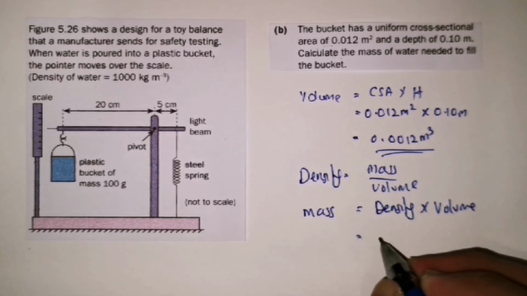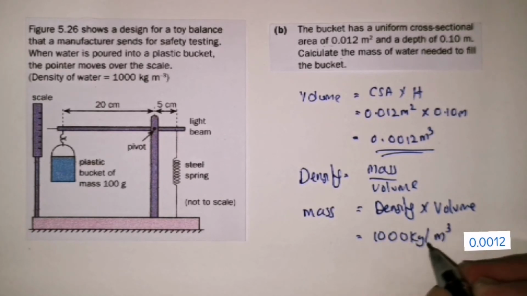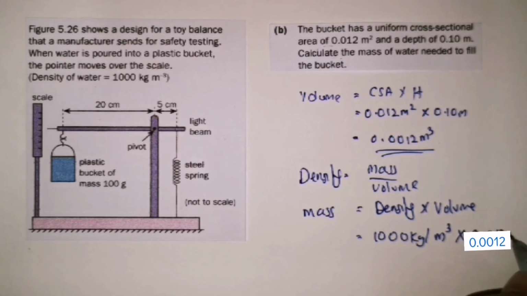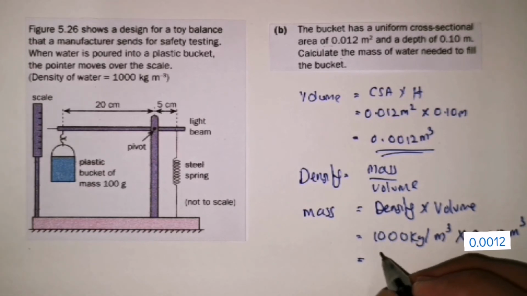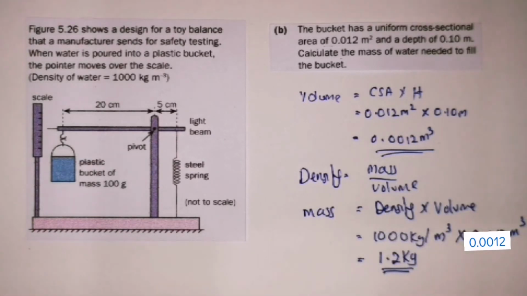The density is 1000 kilogram per meter cube, this is pure water, times the volume 0.012 meter cube. So the answer, if you use your calculator correctly, is 1.2 kilogram. This is the mass of the water if you want to fill the bucket. Okay, that's it.